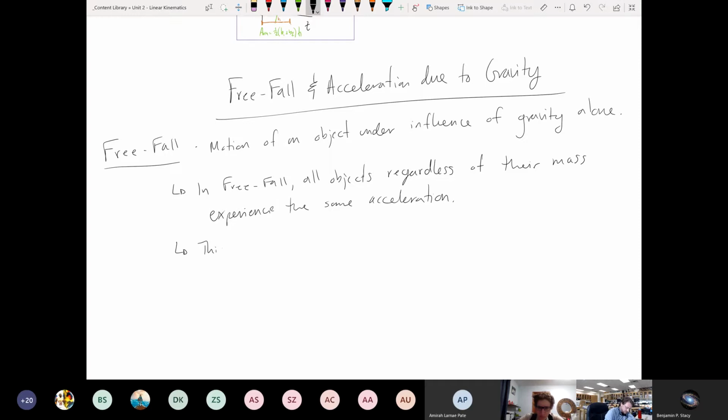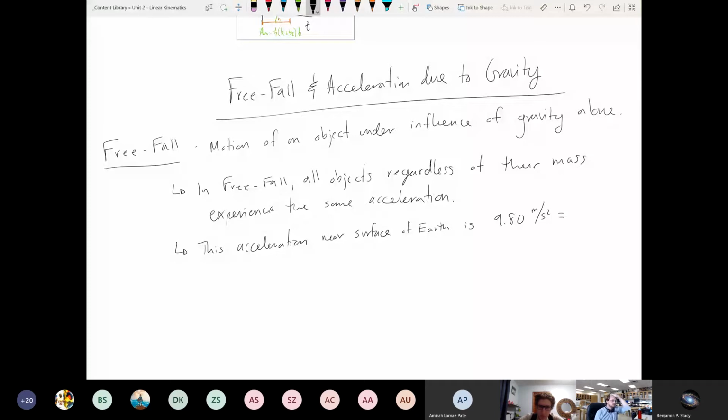This acceleration near the surface of the Earth is called the acceleration due to gravity near the surface of the Earth. And it's a constant value. It's about 9.80 meters per second squared, and that equals little g.